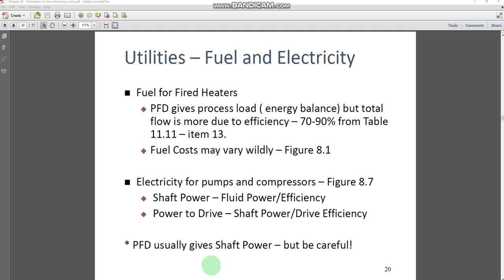The PFD usually gives you the information about the shaft power, but to get the actual power requirement, you have to incorporate the efficiency of that particular equipment. Okay, so whenever you make the analysis, you have to consider the losses in terms of conversion of electricity or any power to estimate the complete amount of utilities requirement.